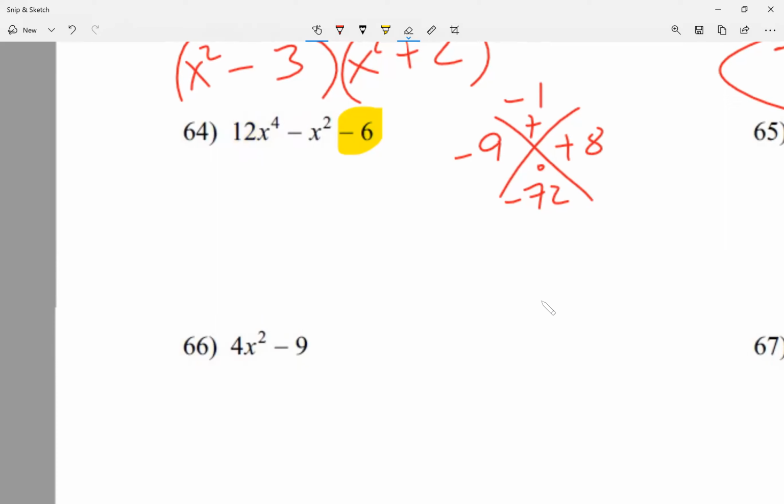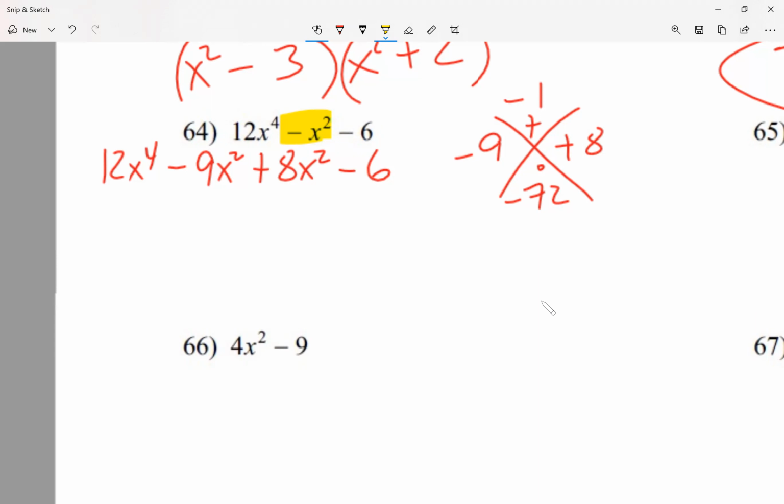Okay, so now this is just how I'm going to split my middle term. So let me write this as 12x to the fourth minus 9x squared plus 8x squared minus 6. Keep in mind my -1 x squared, I split it as -9x squared plus 8x squared.